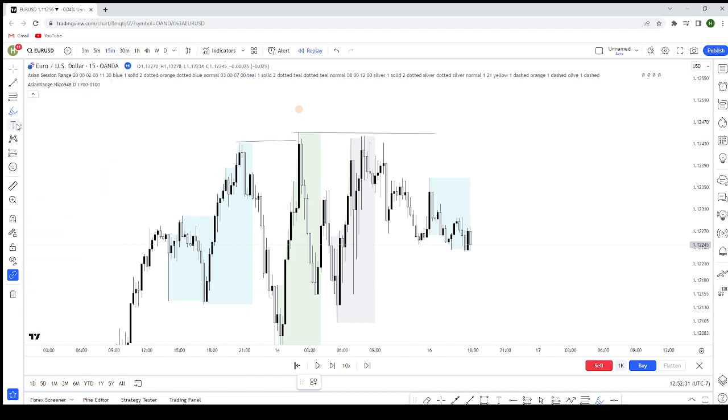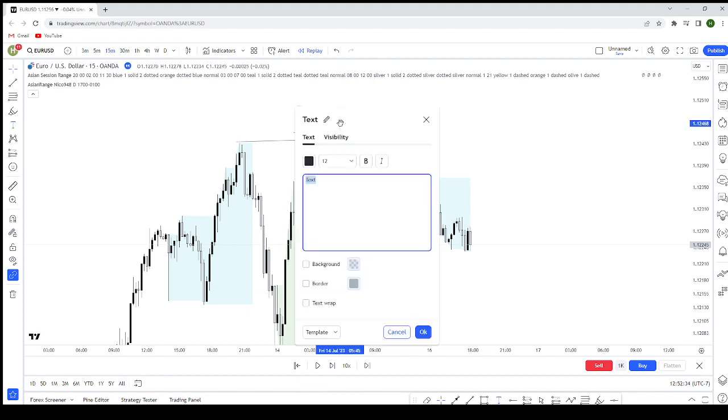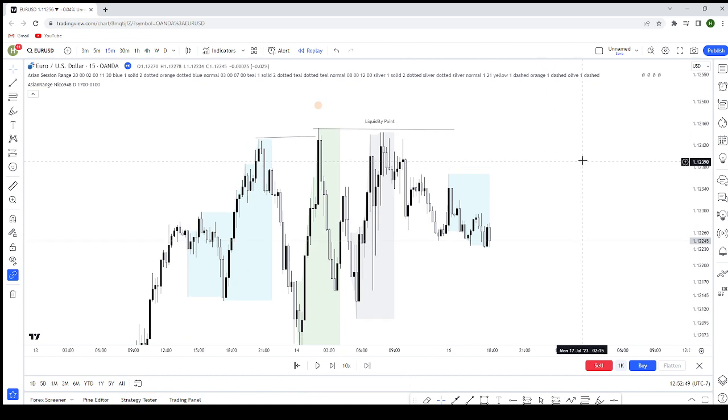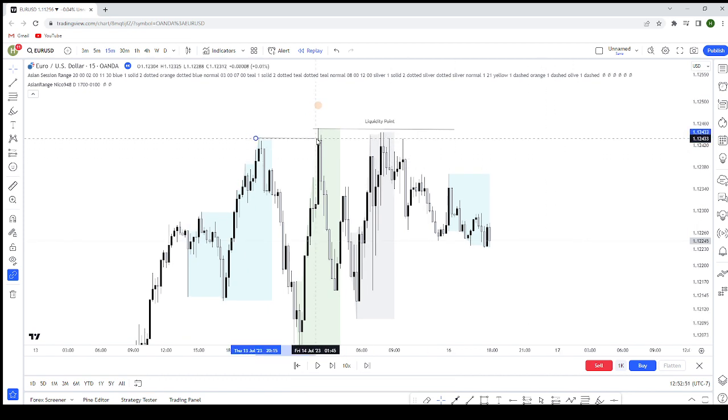Let me pull out my text tools. Sorry, I suck at finding these tools. Liquidity point right here. This is Asian high range.